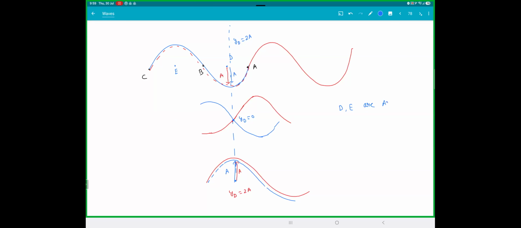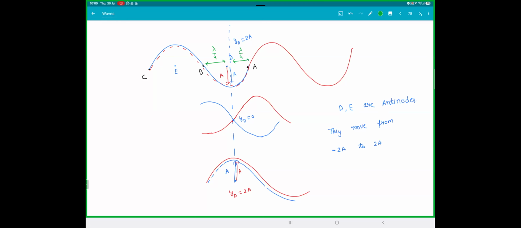Are antinodes. They go from 0 to 2A. They go double the amplitude. They move from minus 2A to 2A. And you can clearly see the distance between them. The distance between B and D is lambda by 4 and lambda by 4.